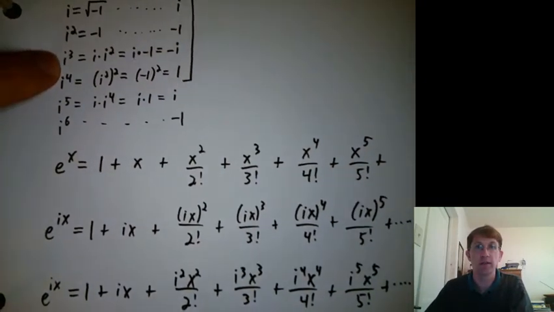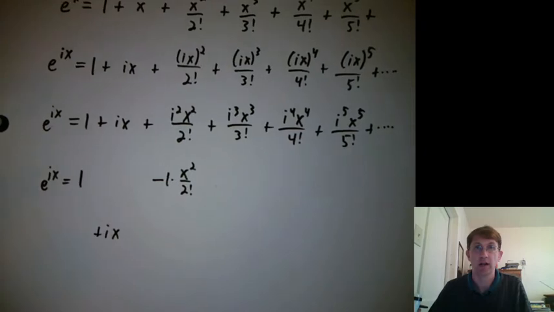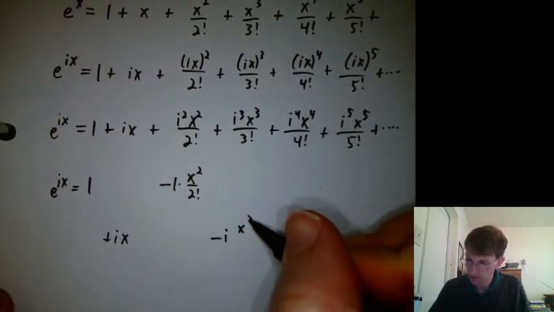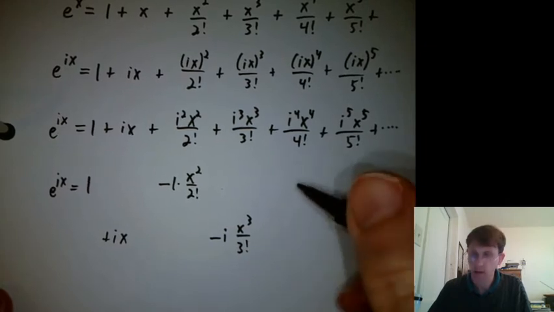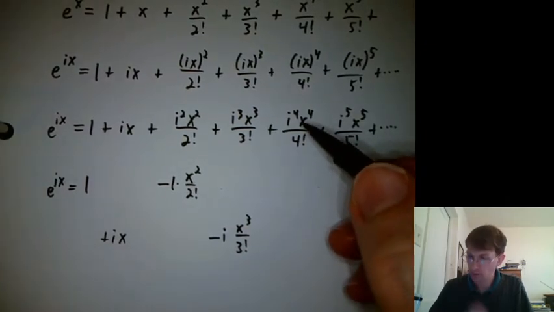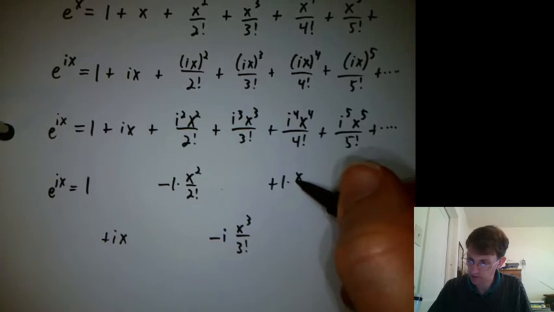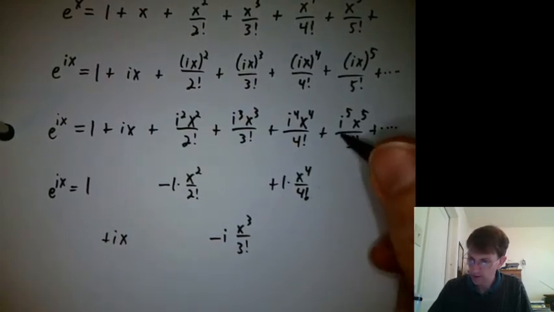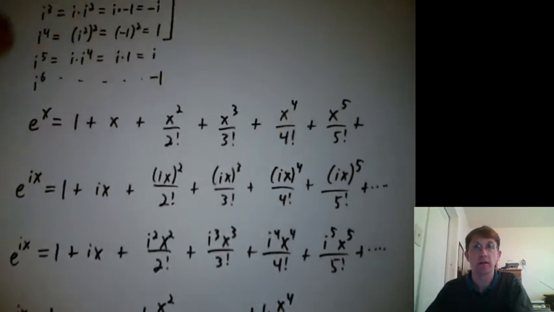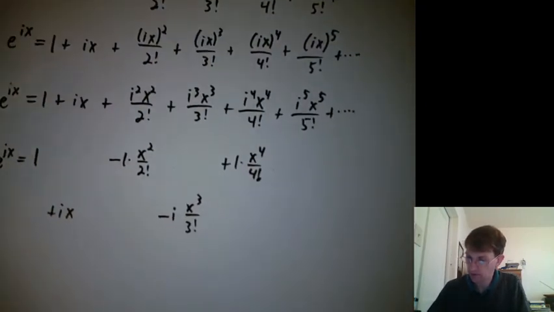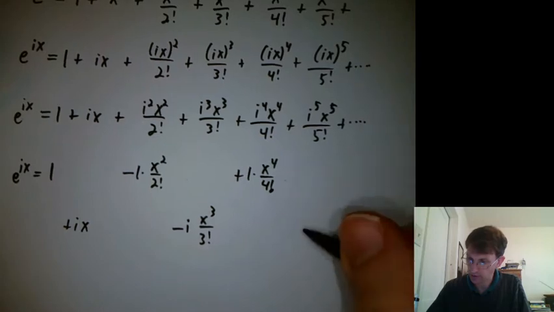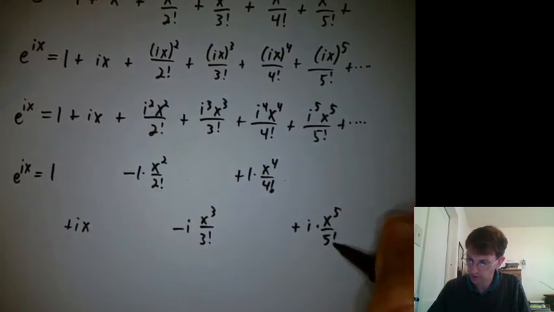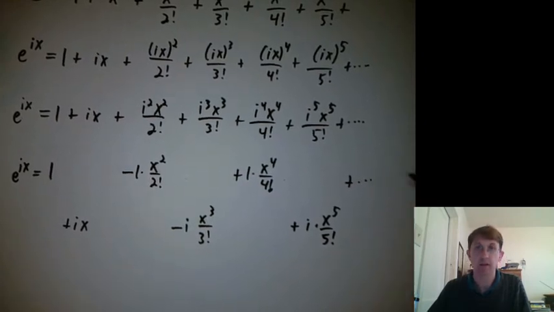Up here we said it's -i, so I have an i left there. So it's -i x cubed over 3 factorial. i to the 4th is 1, so I get a +1 x to the 4th over 4 factorial. And then i to the 5th was i, so again that goes in the row down here with i's in it. x to the 5th over 5 factorial plus dot dot dot.